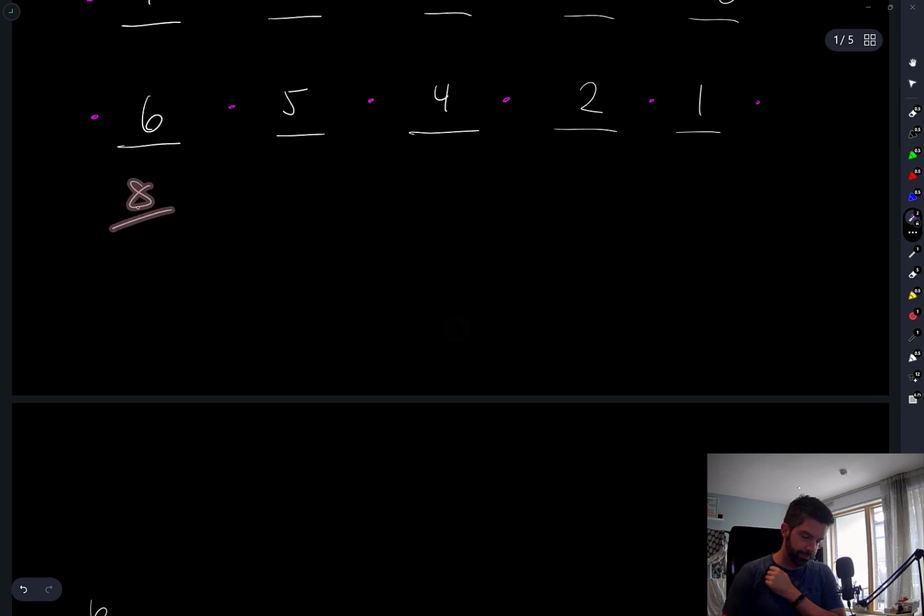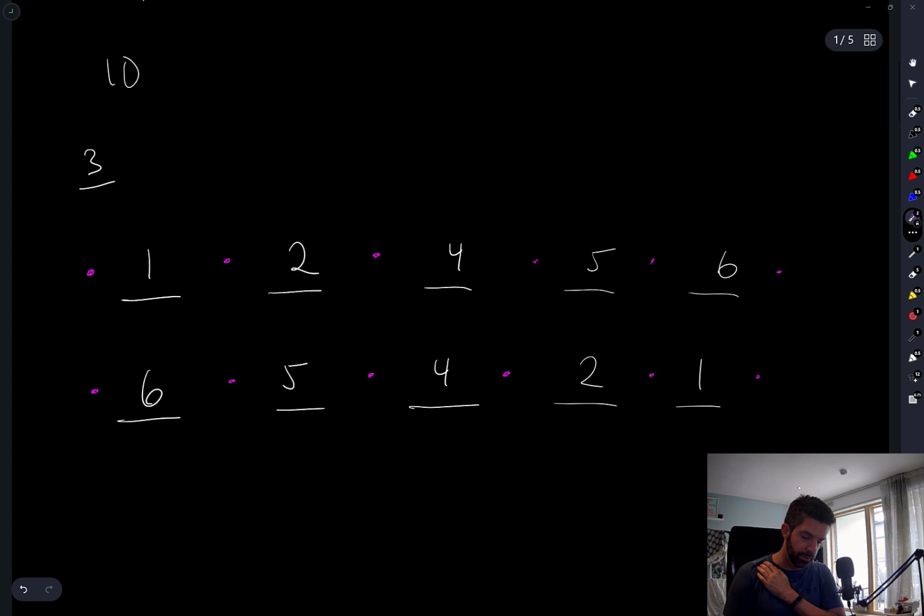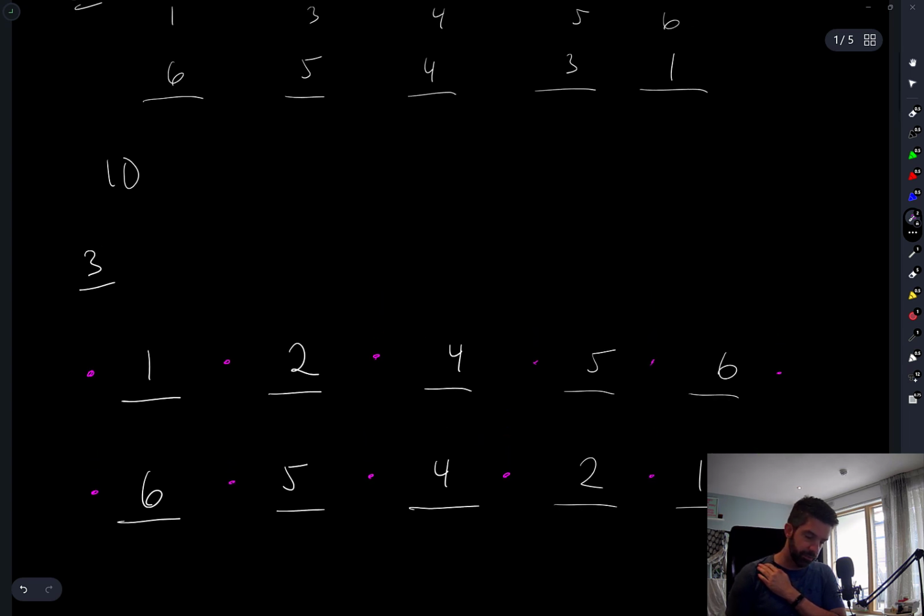Let's go back to 3. Where can the 3 go? It can go in any of these spots. But which of these have I counted already? Certainly that one, and also that one, right?